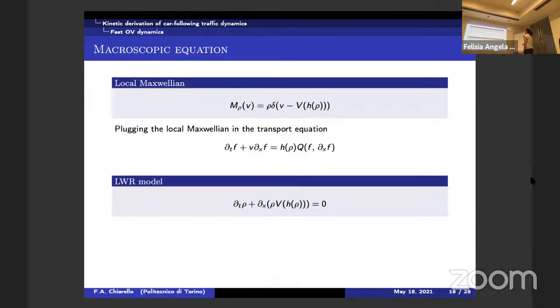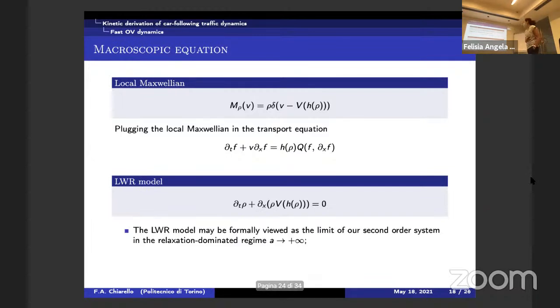We can recover the local Maxwellian after taking the hydrodynamic limit. We can plug the local Maxwellian into the transport equation, and at the end, we obtain the LWR, the classical LWR. Okay.